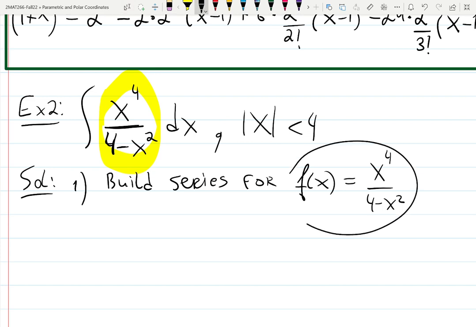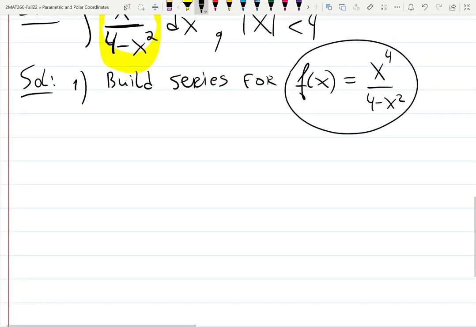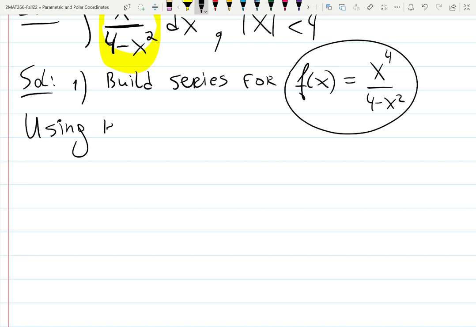Now, let's use those basic Maclaurin series to build series for new functions. So let's choose not to do it from scratch, but you can check, it will give you the same answer. Using known Maclaurin series, we're going to use the geometric series.